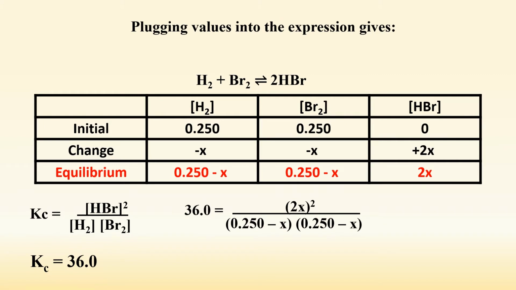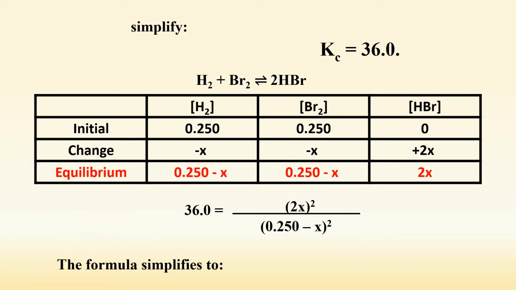So 36.0 is equal to 2x squared divided by 0.250 minus x times 0.250 minus x, which simplifies to the following. 36.0 is equal to 2x squared divided by 0.250 minus x squared.